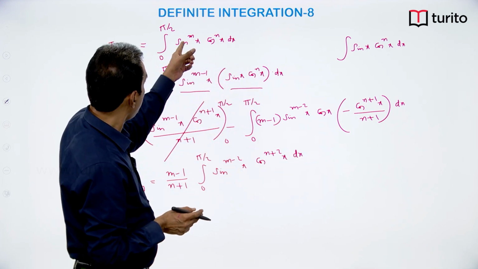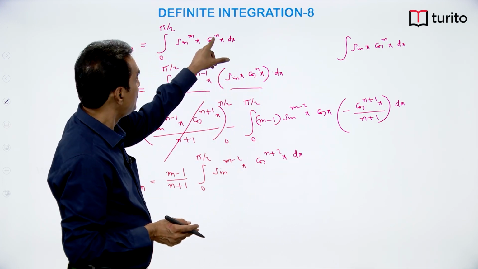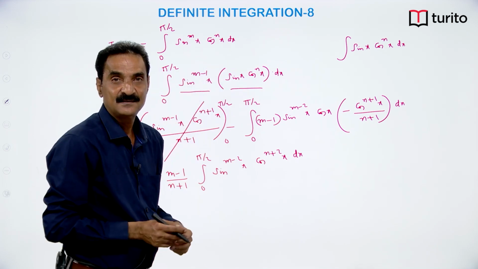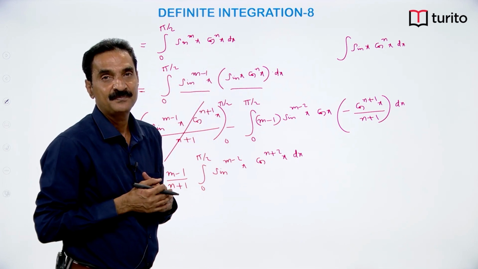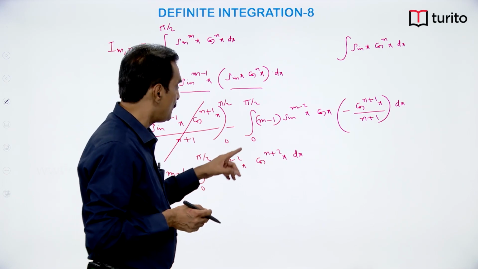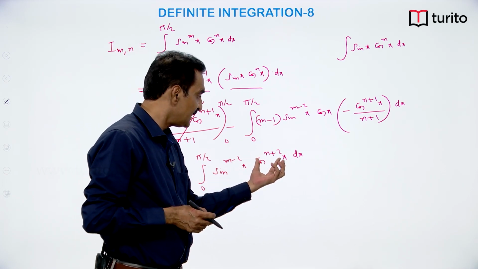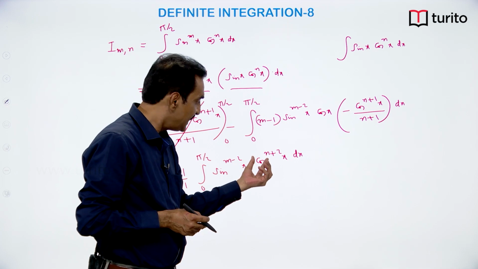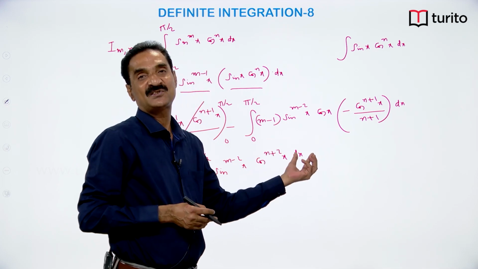But m has reduced, but n has increased, so there is no use. So what we do is we will reduce this power also by writing it as cos power n x into cos square x.